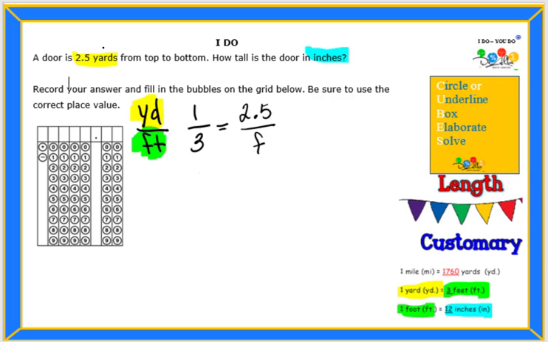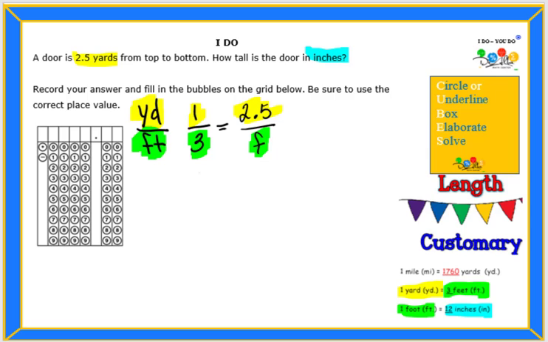Okay, so let's look at that one more time with our colors. 1 yard over here from the anchor chart, and 2.5 yards from our story. And feet, 3 feet, because 1 yard was equal to 3 feet on our anchor chart. So we're trying to find out how many feet there would be in 2.5 yards.